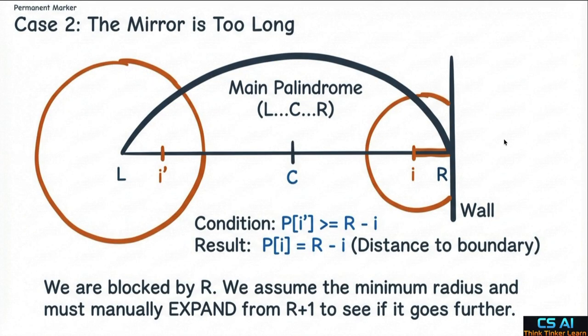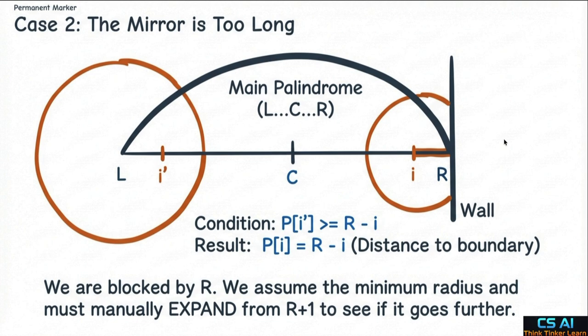Case 2 occurs when the mirror is too long. Here, the palindrome at mirror i' actually extends outside the left boundary of the main palindrome. Our mirror knowledge is only valid as far as the main palindrome reaches. We are blocked by R here. We can't guarantee what's happening outside that wall.